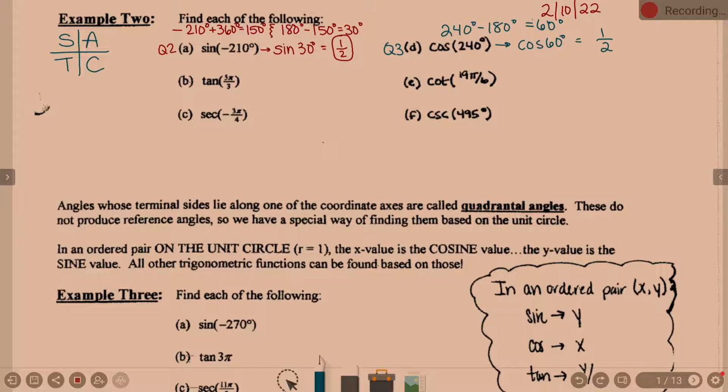Negative, right? Because quadrant 3 is our T quadrant, our tangent quadrant. So that means tangent's positive in this quadrant, but sine and cosine are negative. This is cosine, so this is a negative 1/2. Does that sound familiar to what we talked about yesterday?